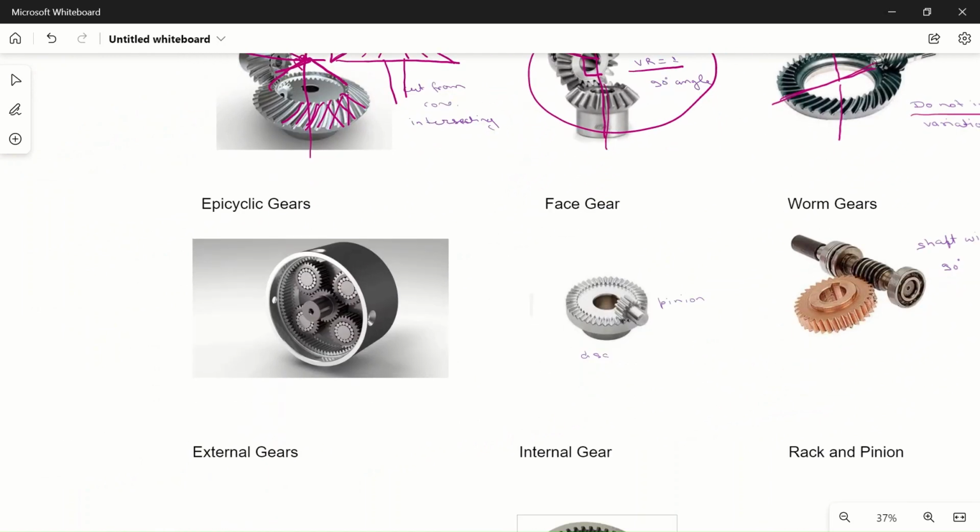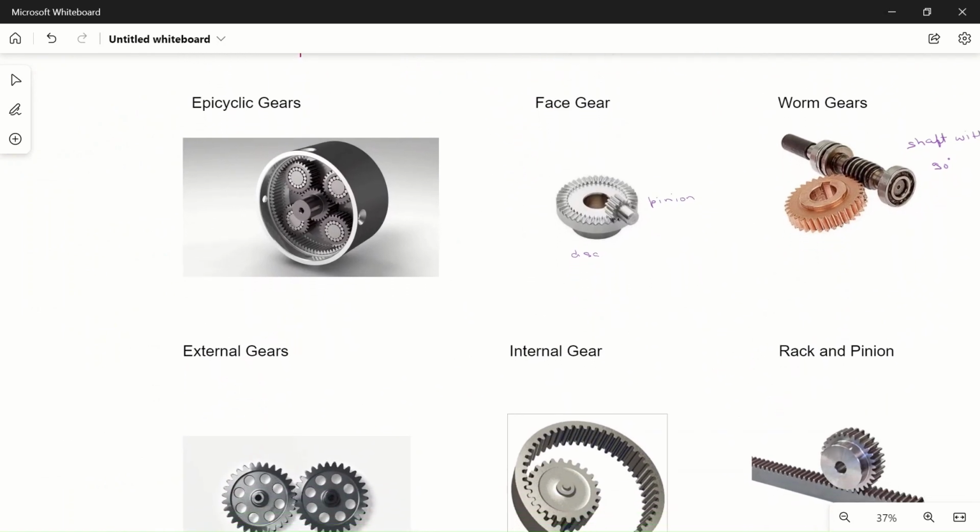The next is epicyclic gear. So this is actually an epicyclic gear train. Here you can see that the epicyclic gear is also called planetary gear, because there is one gear and these four gears are connected with the arm.